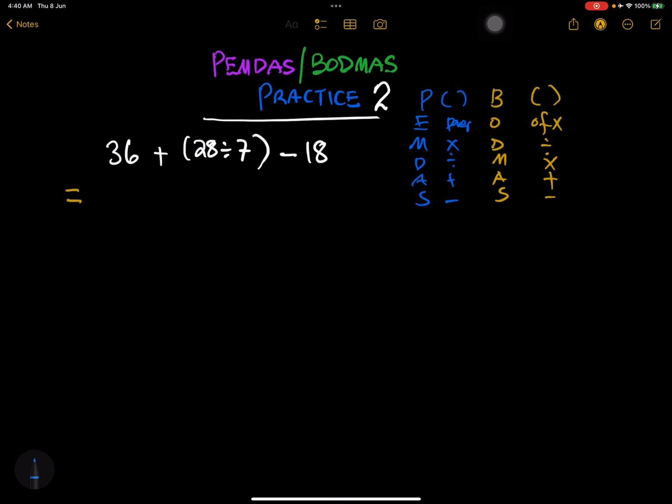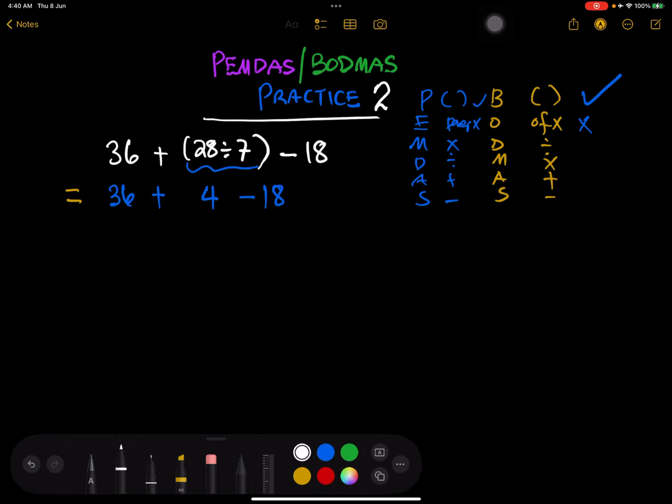So the first thing here is that both of them have parentheses, and there is a parenthesis here. So we're going to work this one first. There's 36, there is plus, and then this gives us 4, minus 18. The next thing here, if you look at power, exponent, there's no exponent. There's no off in here.